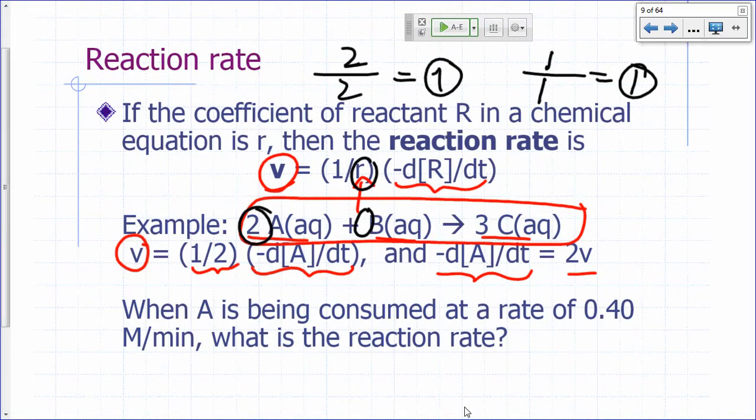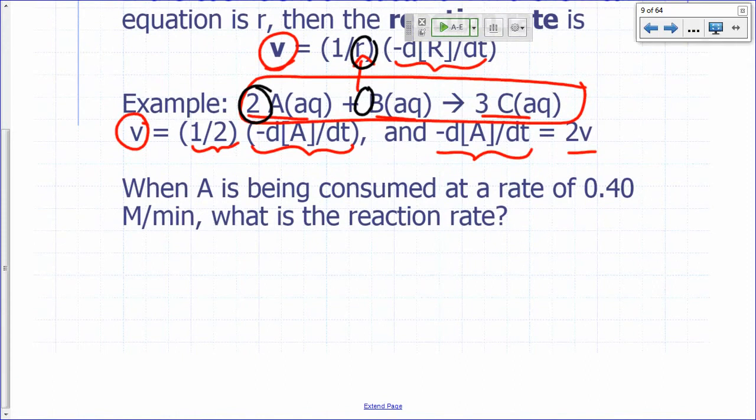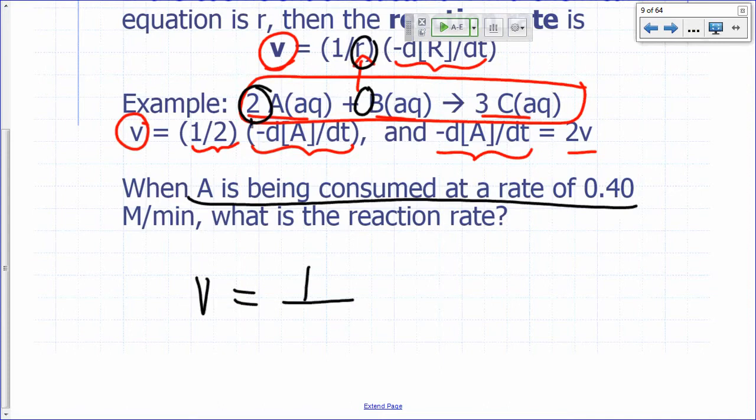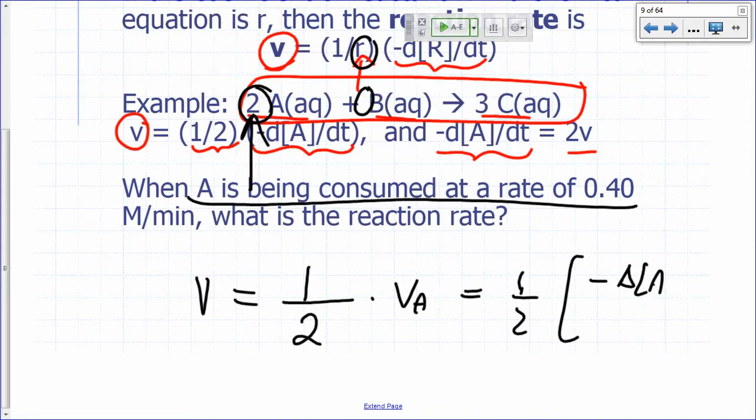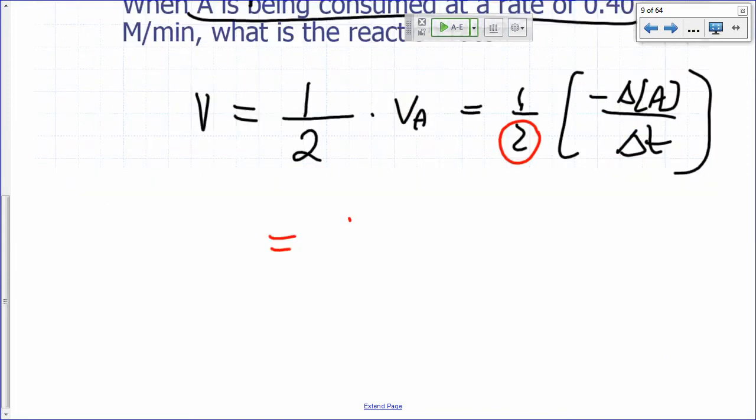So for example, let's look at this question right here. Suppose A is being consumed at a rate of 0.40 moles per liter per minute. What's the reaction rate? V would be equal to 1 over the coefficient of A, which is 2, times the rate of consumption of A. I'm just going to call that V sub A. That's negative delta A over delta t, the rate of consumption of A, and the 2 here is the coefficient of A in the balance equation.